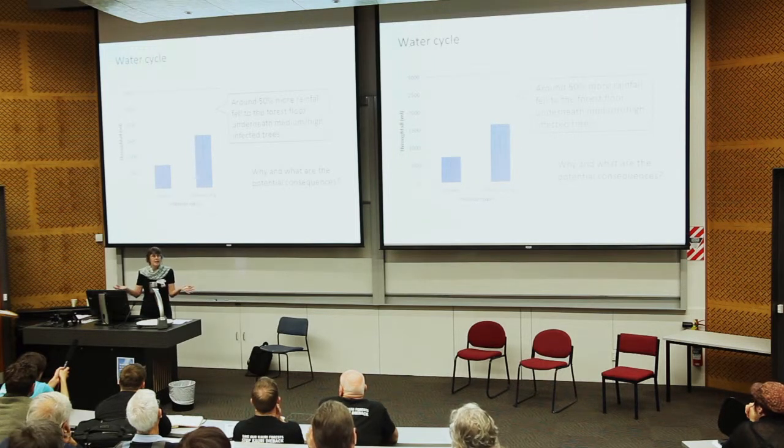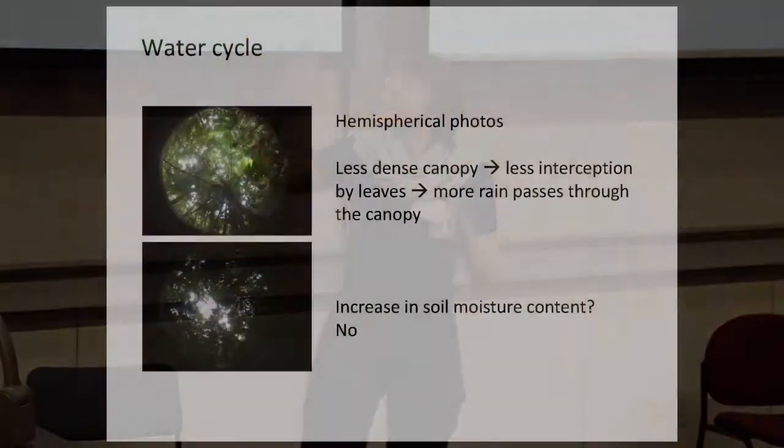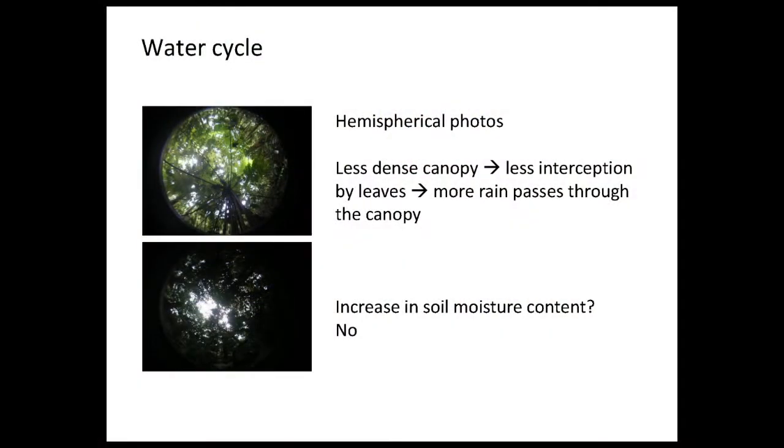So why is that happening, and what are the potential consequences? We were using hemispherical photography, which can be done now with a wide-angle digital camera. As shown here, where there are more canopy openings, it's likely that more water is coming down because it's not intercepted by the leaves in a healthy canopy.